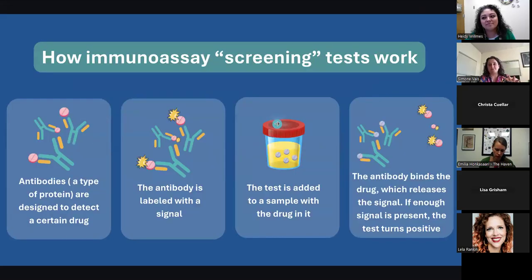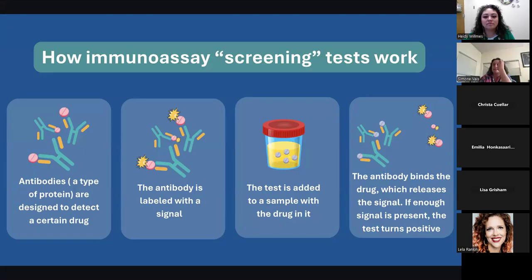How immunoassay or screening tests work is that they depend on the interaction between an antibody, a protein that is designed to detect a certain molecule, and that molecule. Let's say in this case we're talking about fentanyl, and we create an antibody designed to detect fentanyl, and it has a signal on it.